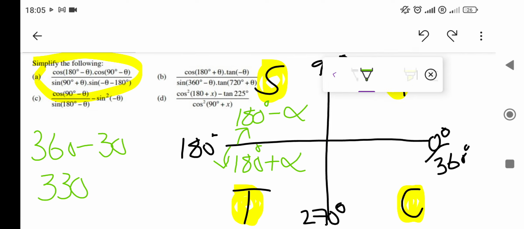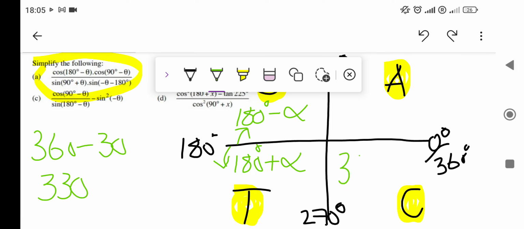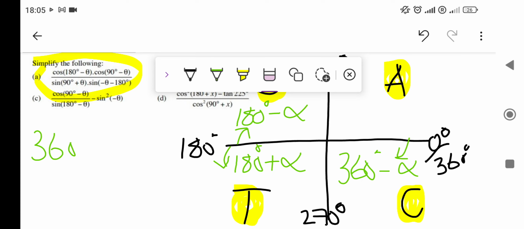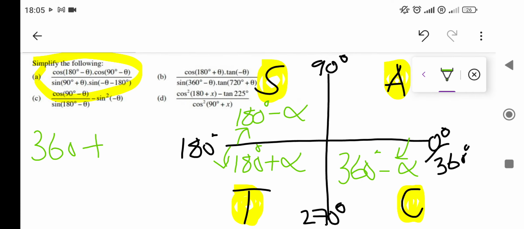And if I have 360 plus a certain acute angle, let's say 360 plus 40, that's going to be 400. Where would we end up if we go 400 degrees anti-clockwise?